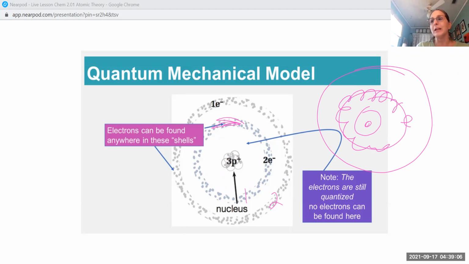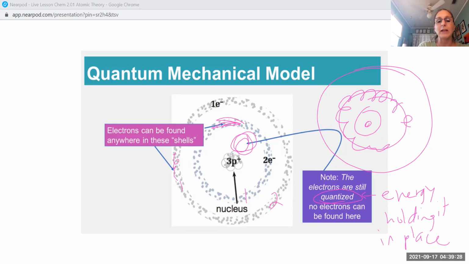And one thing to note here is if you notice there's no electrons in this space right here, and that's because of this idea that the electrons are quantized. Quantized meaning that there is a certain amount of energy that's holding it in place. So that is how it works. The electrons can be found anywhere within the shell. That's a nicer way of seeing it.